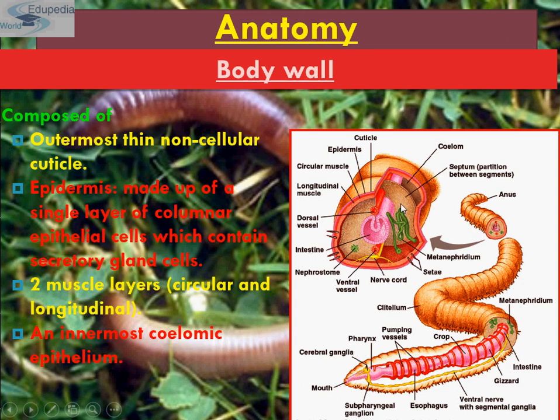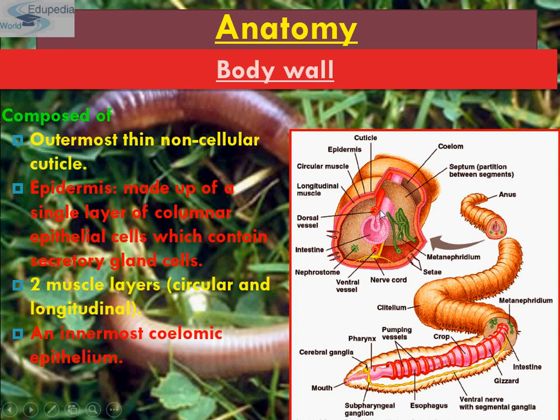So this is your cross section. The outer one is your cuticle, which is non-cellular in nature. Inner to the cuticle comes the epidermis, which is made up of a single layer of columnar epithelial cells which contain secretory gland cells. Two muscle layers are found: the longitudinal muscle and the circular muscle.